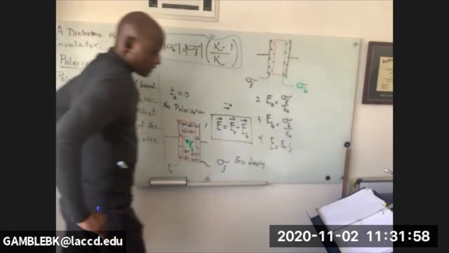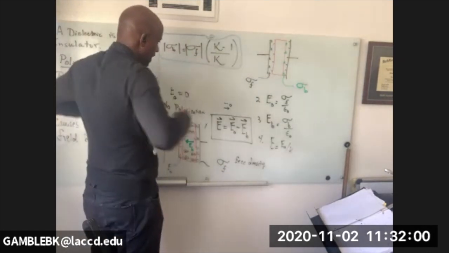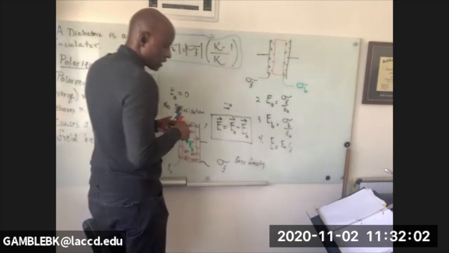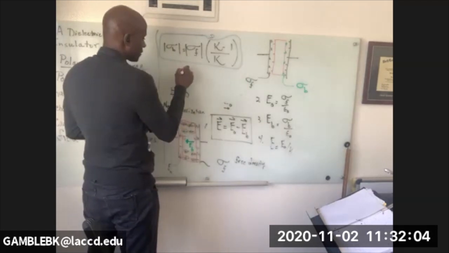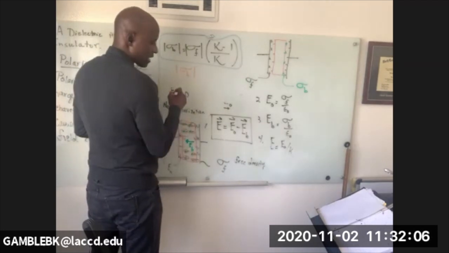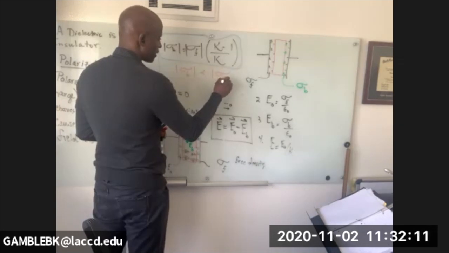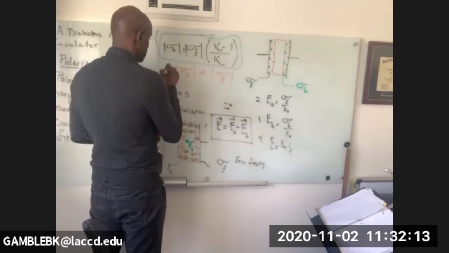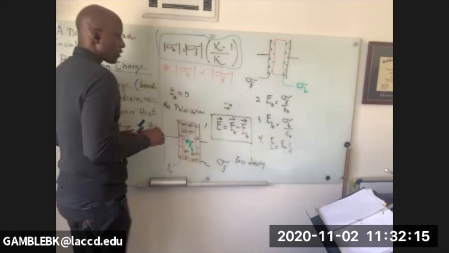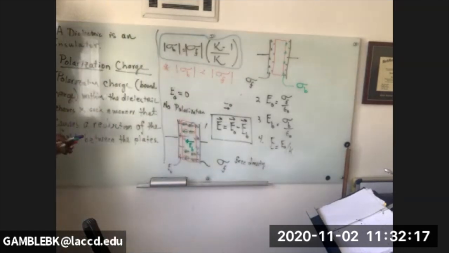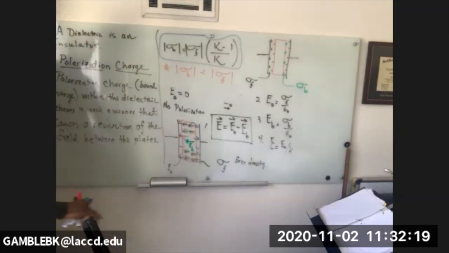And it shows basically that because chi is always greater than 1, the absolute value of sigma bound is always less than the absolute value of sigma free. And that's a huge point of the limit on the dielectric.